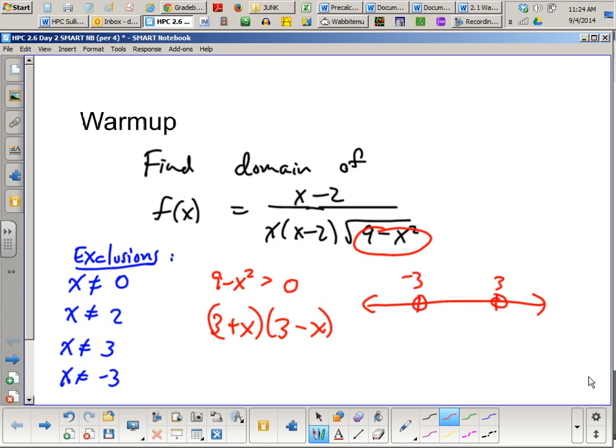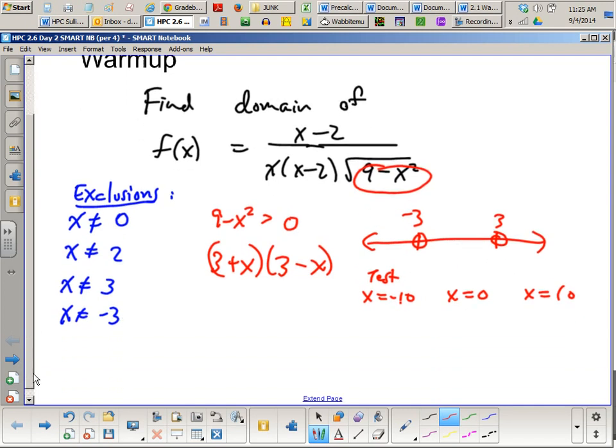And then what you do is you test a number, one from the left, one from the middle, and one from the right. This is how you learned it in Algebra 2. So you can test x equals negative 10, test x equals 0, which is in between, and x equals 10, which is on the right. And it turns out if you plug in these numbers, you get false, true, false.